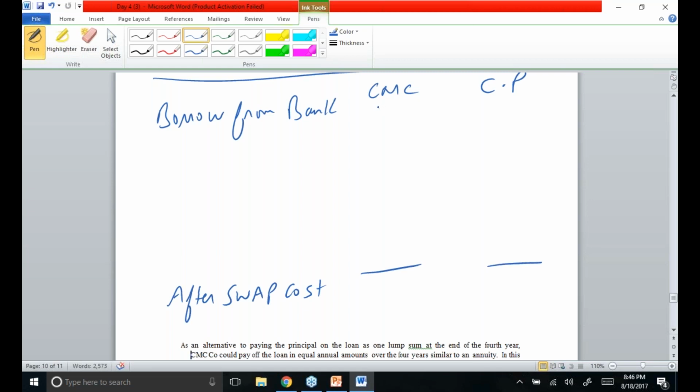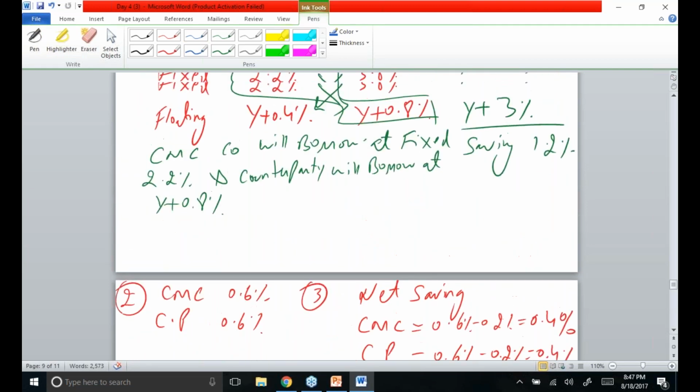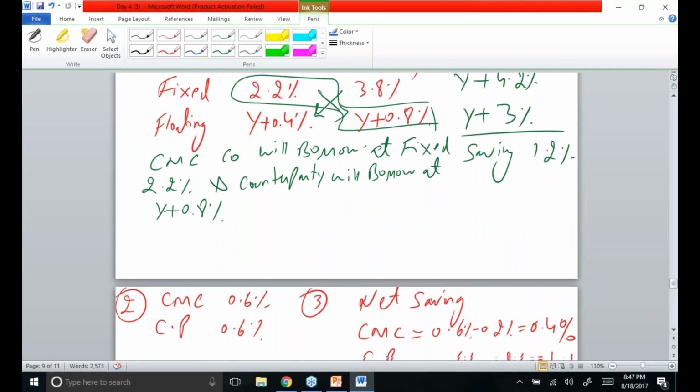CMC company has already borrowed at 2.2% and its final answer is yield. This company has already borrowed at yield plus, I think, 0.8% and its final cost is 3.4%. Let's confirm it. Final costs are exactly the same. Yes, these are the same.